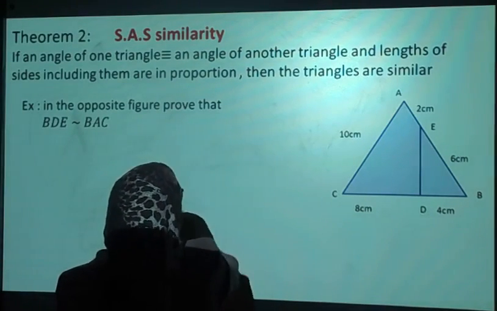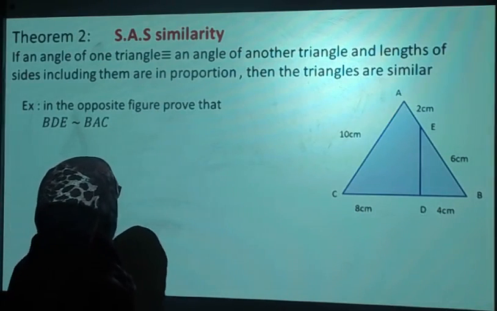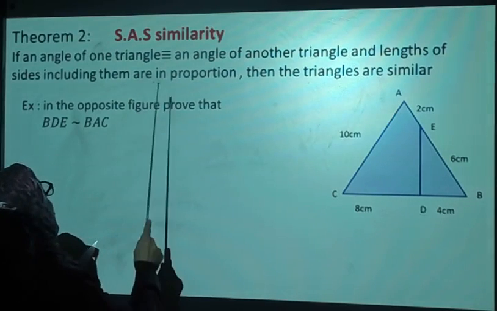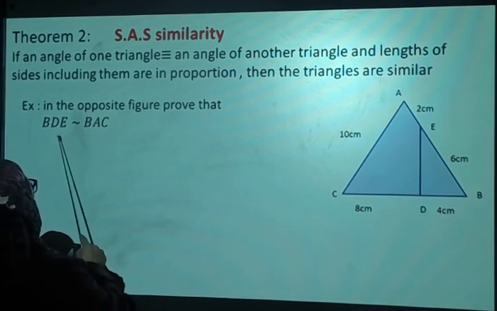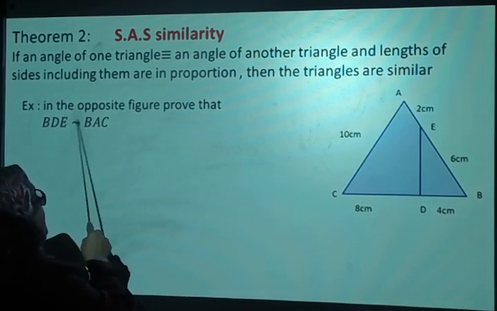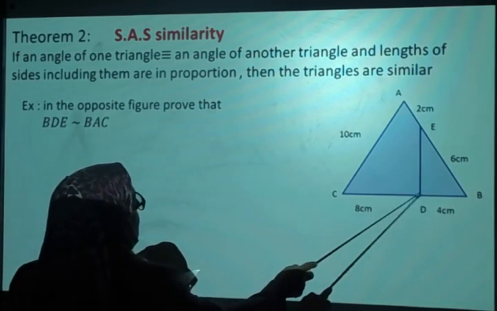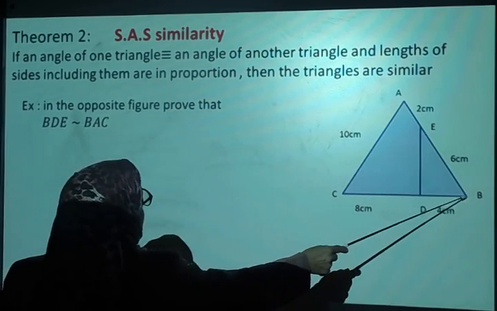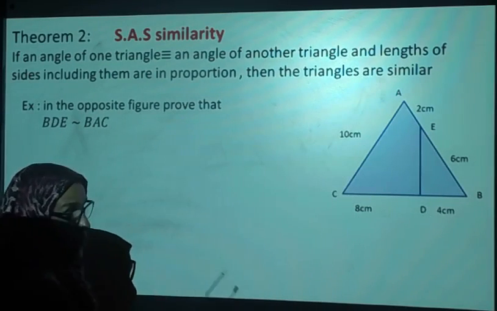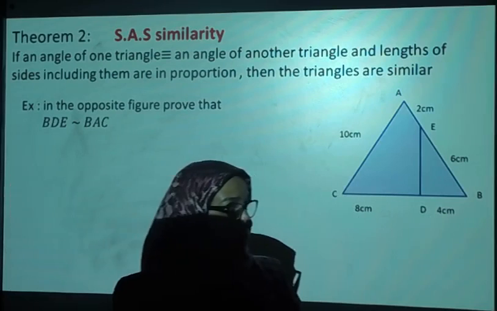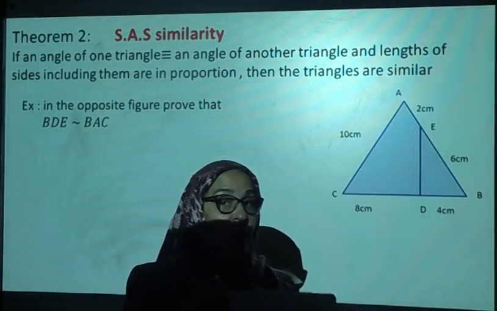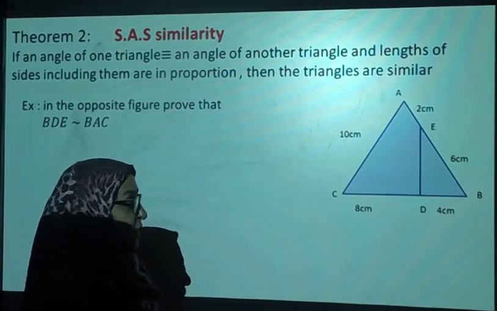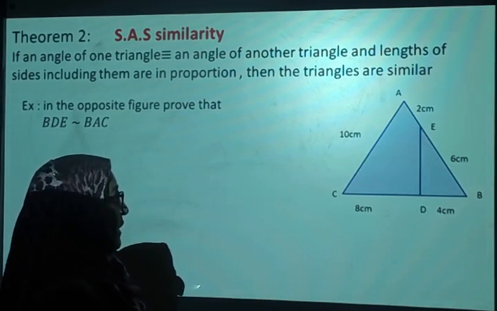So let's start solving this example, which says: prove that the triangle BDE is similar to the triangle BCA. Now, first, let me try to find the measure of one angle which is equal to the measure of another angle in the second triangle.